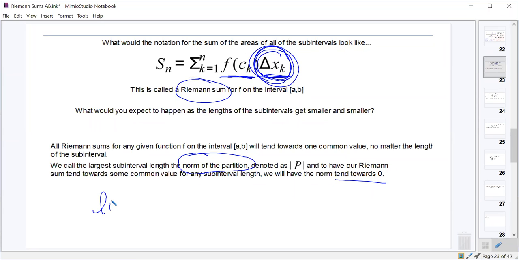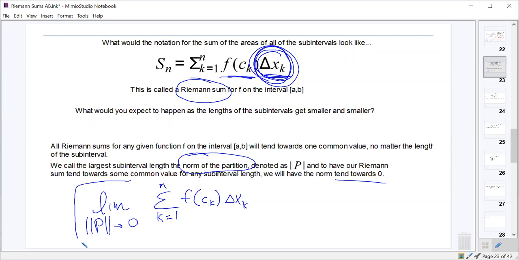We're going to take a limit as the largest subinterval, the norm of the partition, approaches 0, of the summation from k equals 1 to n, so from the first subinterval to the nth subinterval, of the areas of each of those subintervals, which is f of c sub k times delta x sub k.